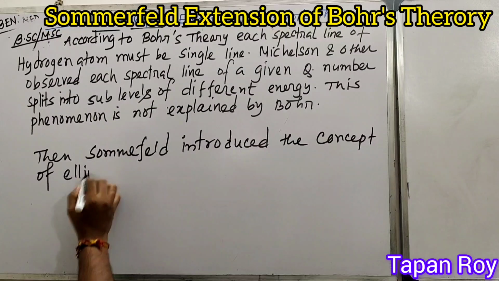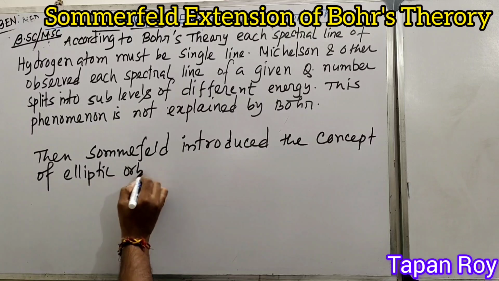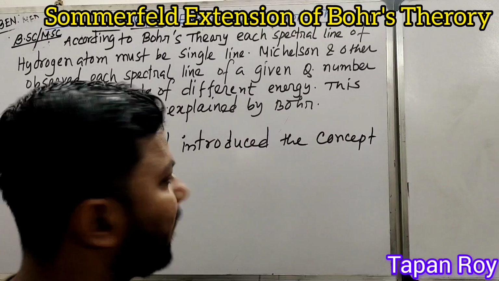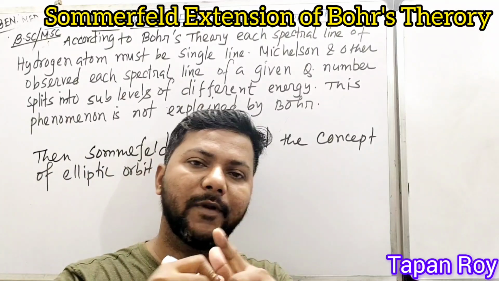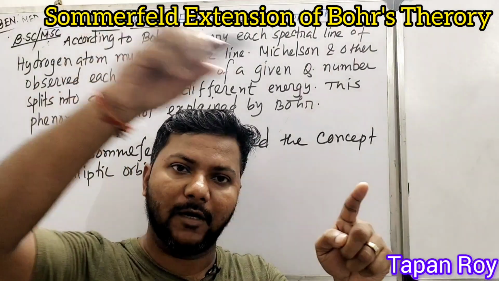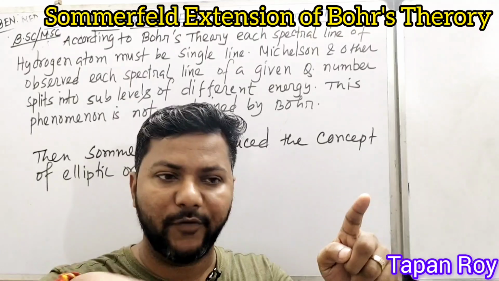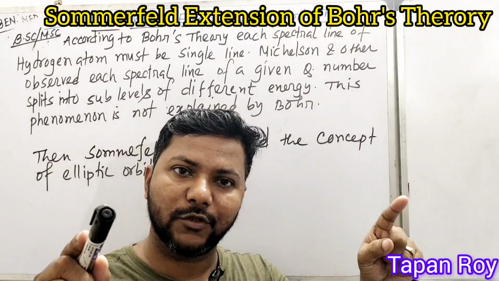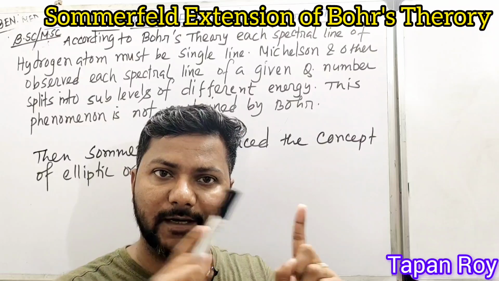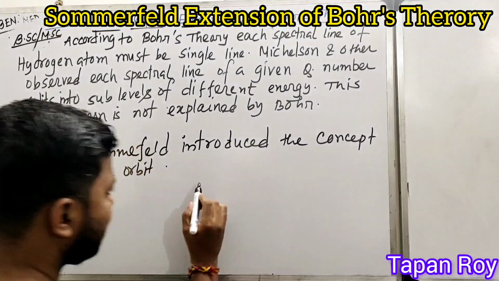To explain this: according to Bohr's theory, the electron is revolving around a circular path, but in the case of Sommerfeld, the electron is revolving around elliptical paths with the nucleus at one of the foci. So the picture will be like that.